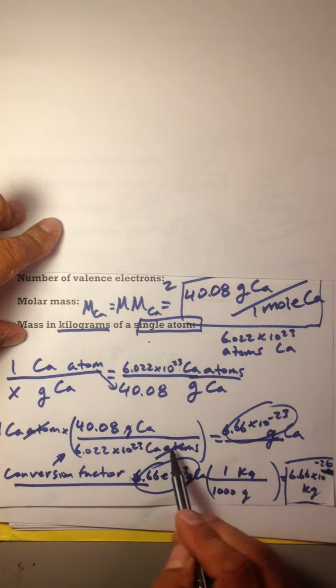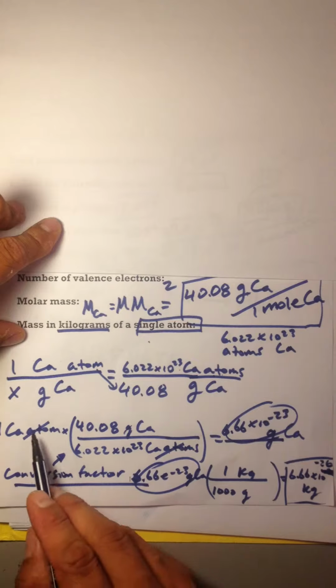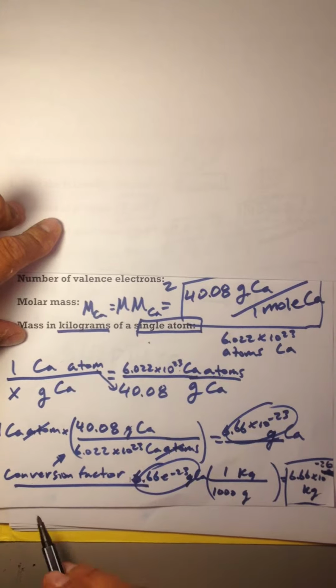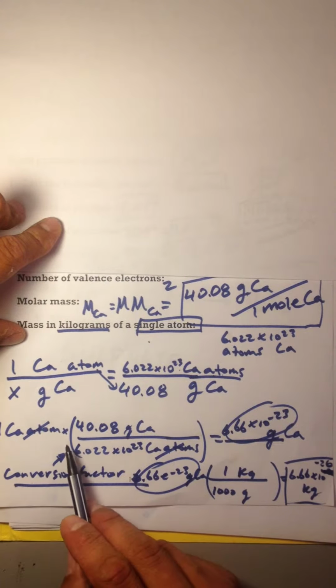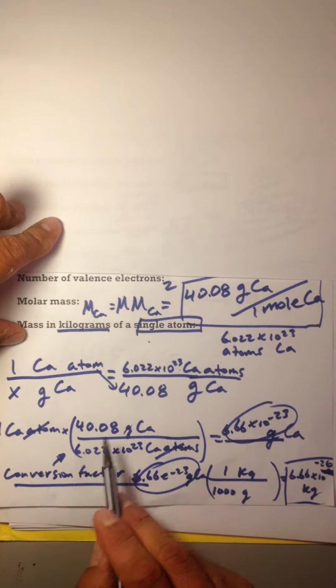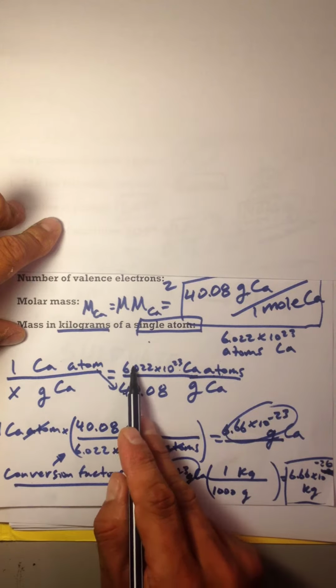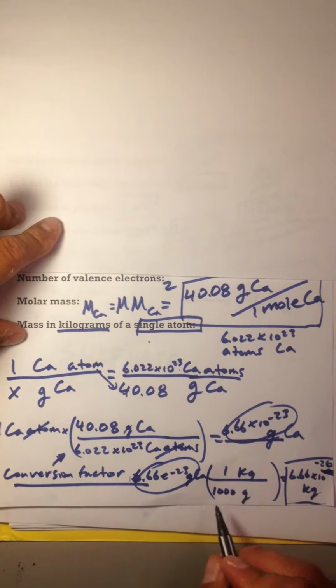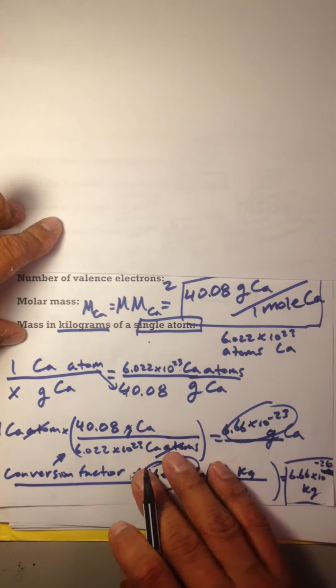See how the units cancel on the top and the bottom? Chemists like to just start right here, but if that doesn't make sense, start with a ratio and then you'll get there. So 1 calcium atom times 40.08 grams of calcium, cross multiply and divide by 6.022 times 10 to the 23rd. Put that in your calculator.